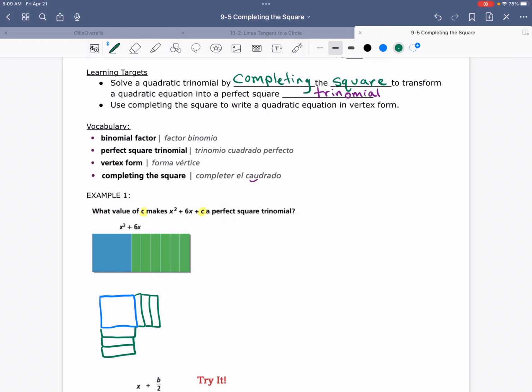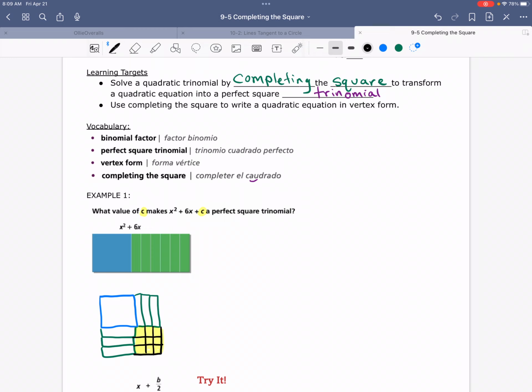And when we do that, it's almost a square, but we're missing this piece of it, which if we separate, like so, we end up with 9 yellow squares in there.